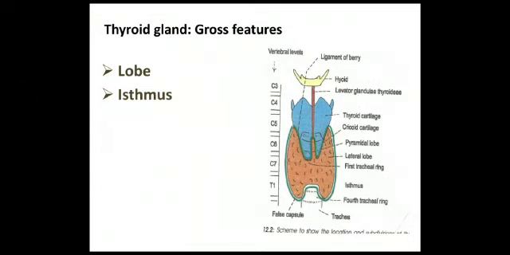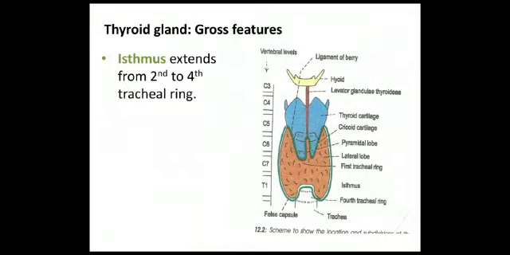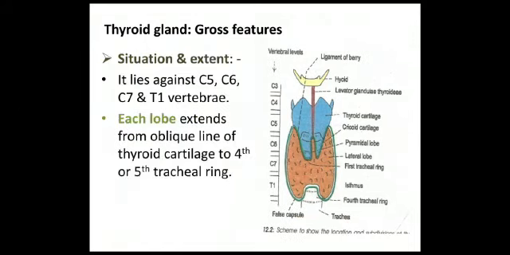So now we are going to talk about the lobes and isthmus of the thyroid gland. So, situation. Coming to the lobes, each lobe lies against the fifth, sixth, seventh cervical vertebra and T1, that is the thoracic vertebra.